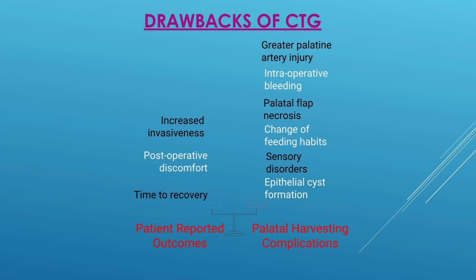Those can be patient-reported outcomes like increased invasiveness, post-operative discomfort, time taken for recovery, or collateral harvesting complications like greater palatine artery injury, intraoperative bleeding, palatal flap necrosis, change of feeding habits, sensory disorders, or epithelial cyst formation.